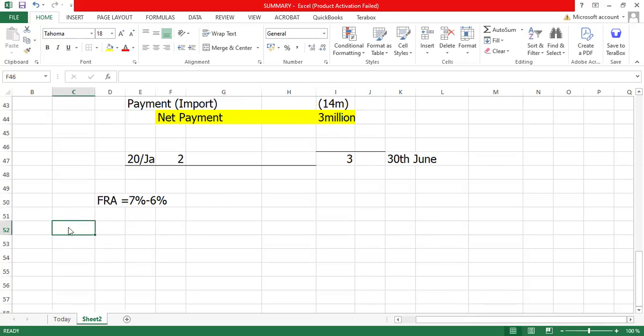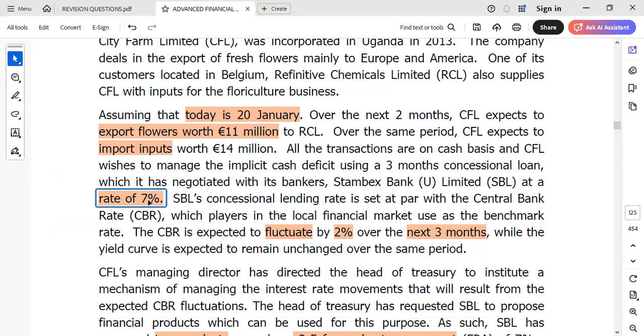Because they told you in the question that this rate is expected. Currently the CBR rate is 7%. But they are telling you that it is expected to fluctuate by 2%. So you don't know whether this 2% will be an increase or a decrease.